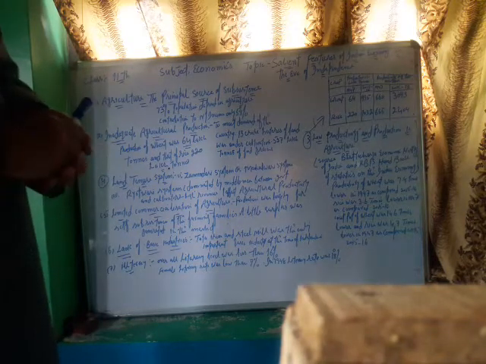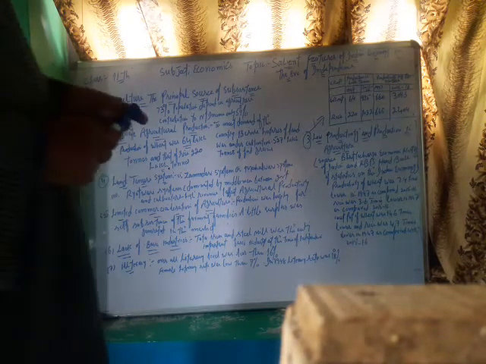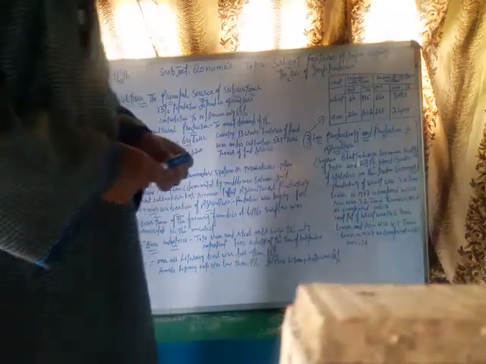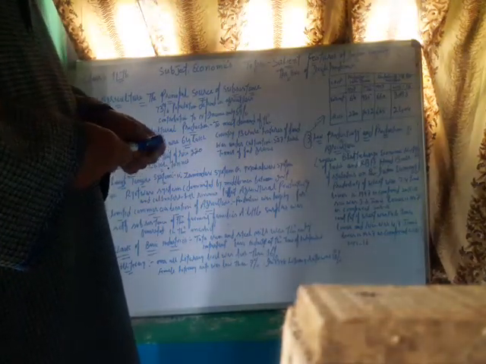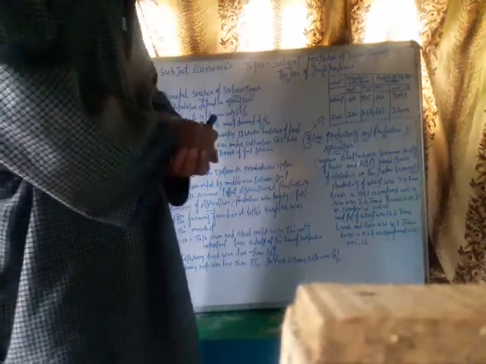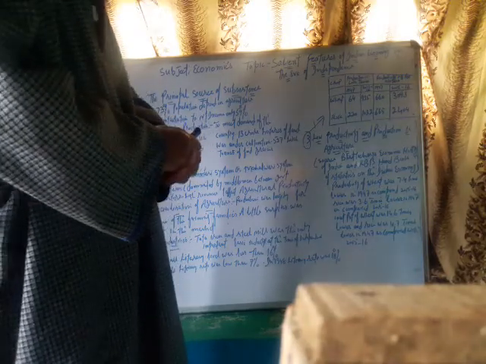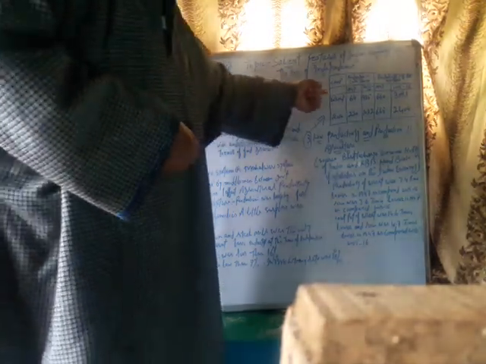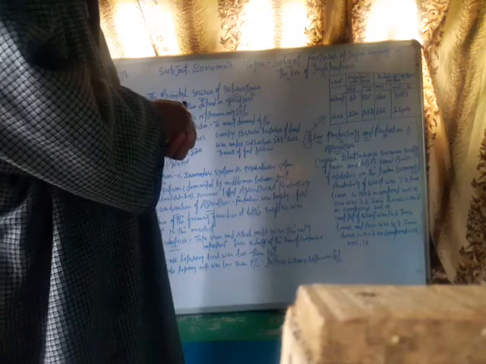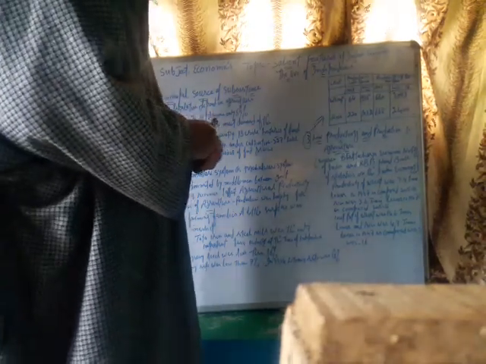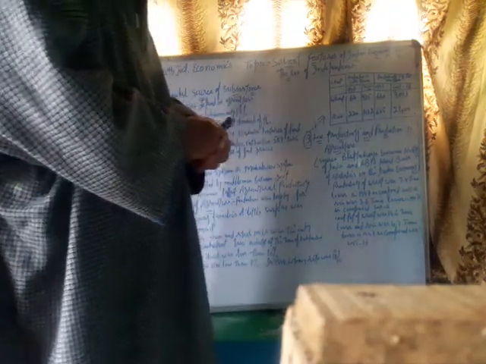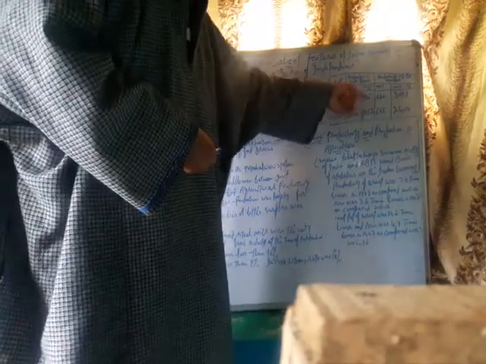In 1947, the production of wheat was 64 lakh tons as compared to 935 lakh tons in 2015-16. I will repeat it. In 1947, the production of wheat was 64 lakh tons, whereas in 2015-16 it is 935 lakh tons.